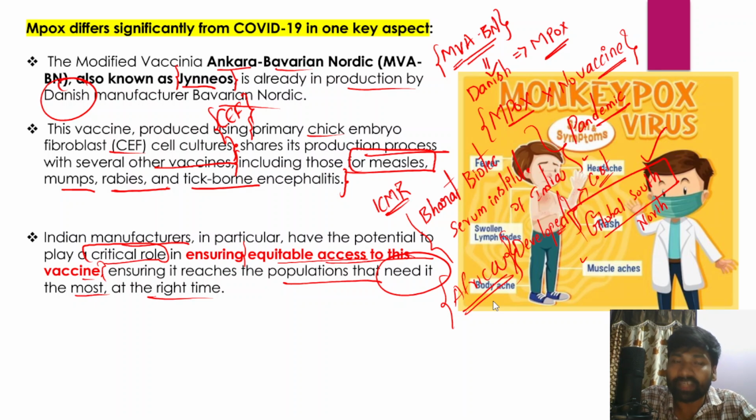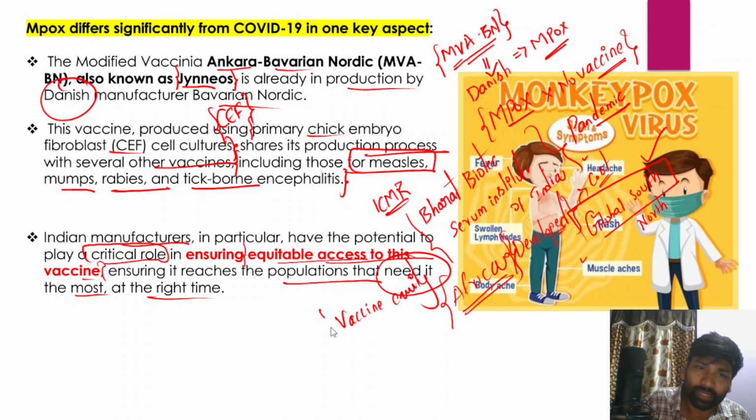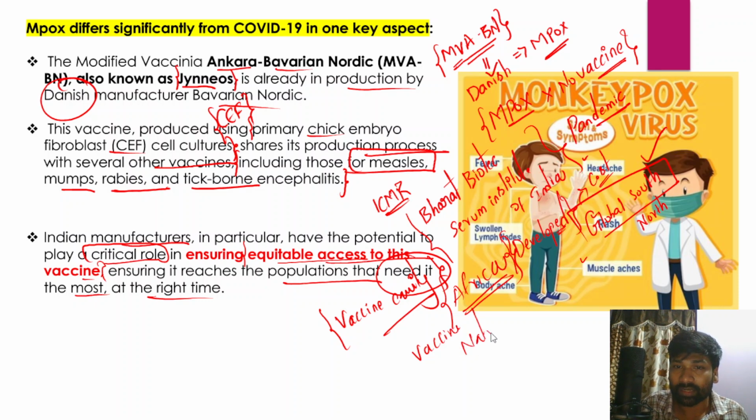However, India is known as the pharmaceutical capital of the world. So in this context, India can rightly play a very important role in ensuring vaccine equity. India also ensured vaccine equity even during the COVID-19 pandemic, when other countries adopted vaccine nationalism, right?